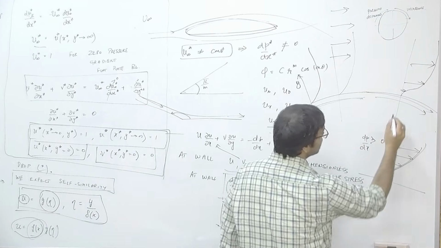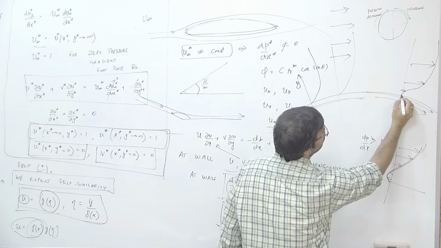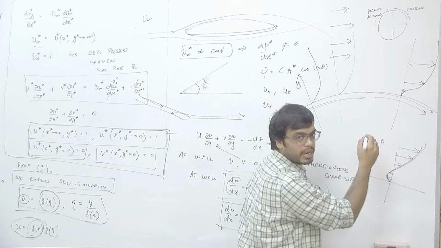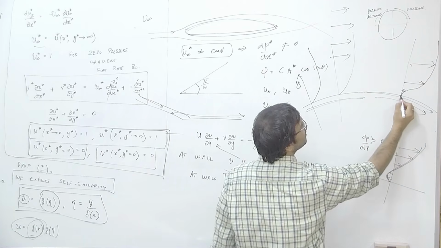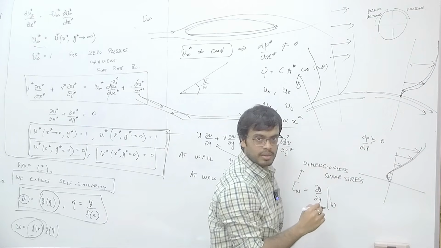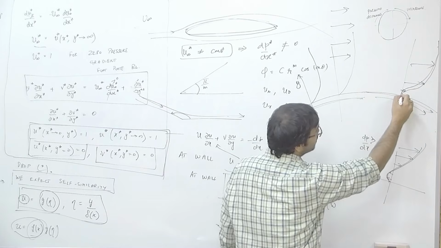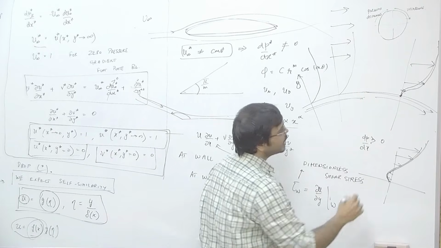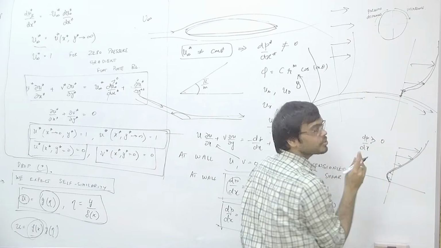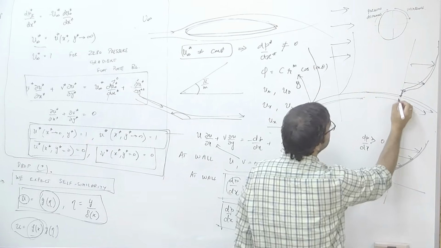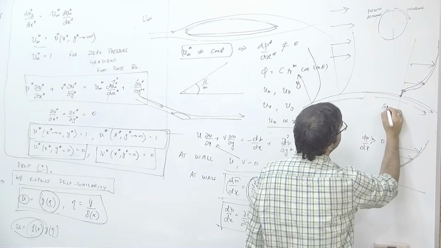Technically it will reach a point where del 2 u by del y square is exactly 0. So there is an inflection point here, and after this point it will move to this kind of a variation. This point where del 2 u by del y square is 0 and after that it is becoming positive, that is called the separation point.